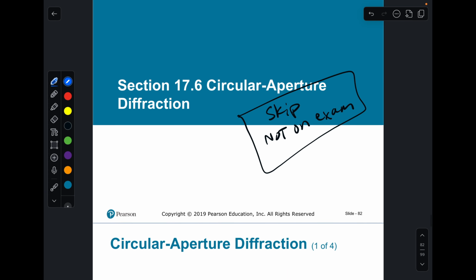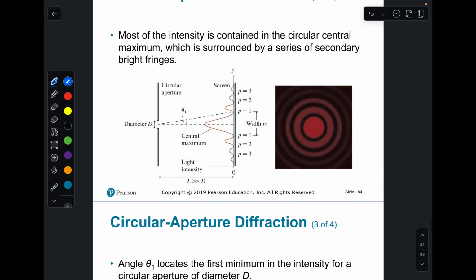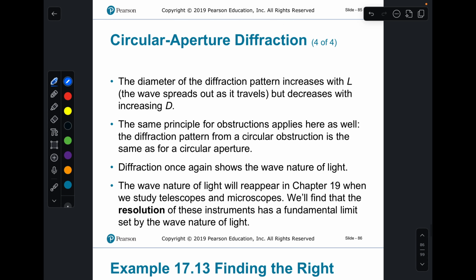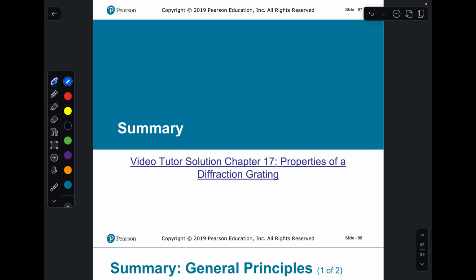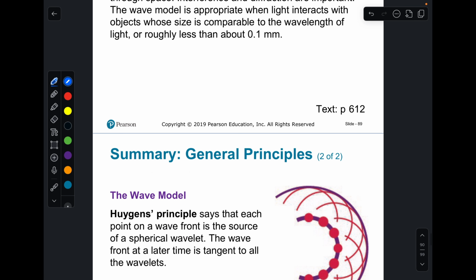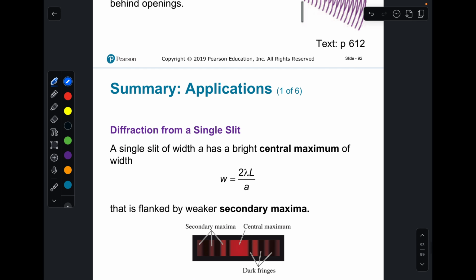We're also going to forego section 17.6, circular aperture diffraction, which is essentially another type of diffraction. And we reach the end of the chapter where we have the summary, and these are great slides for you to study from.